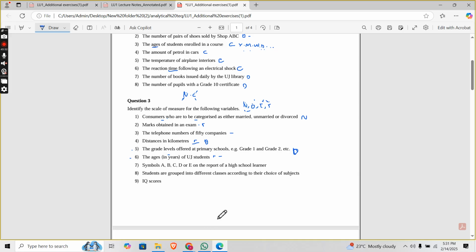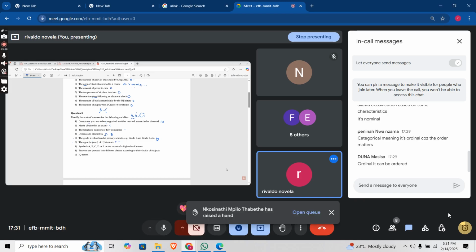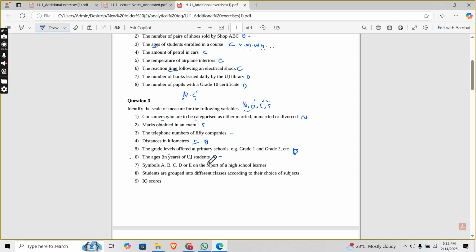So number 7 says the symbol A, B, C, D, or E on a report of a high school learner. Anyone who wants to answer that? Yes, Nkosinati, you can answer. It's ordinal.